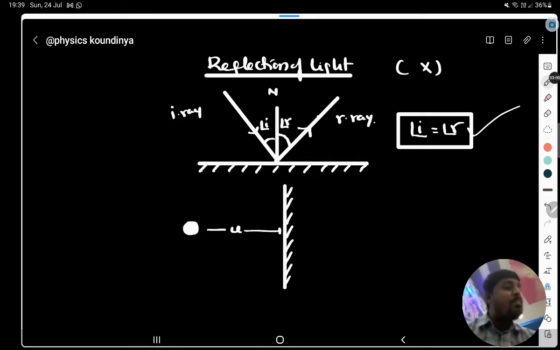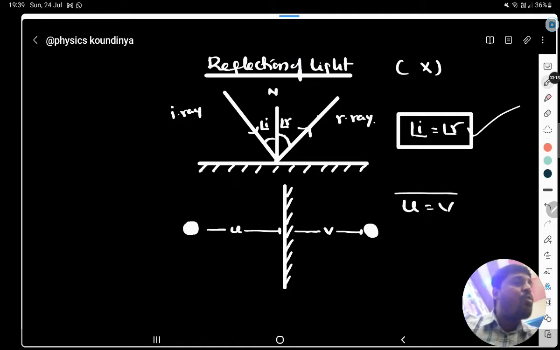Now where is the image going to be formed? The image is going to be formed here. Let us take this distance as v, which is called the image distance. u is the object distance from the mirror, v is the image distance from the mirror, and we have to understand u is equal to v in the case of a plane mirror.